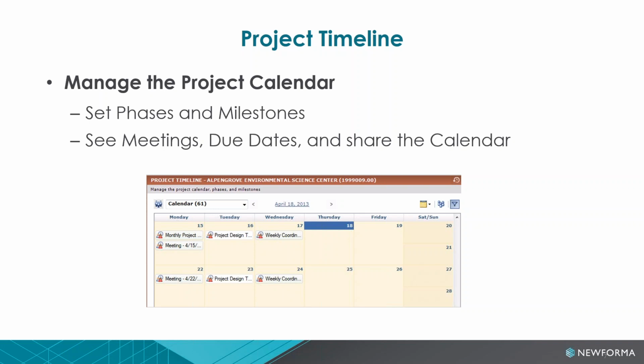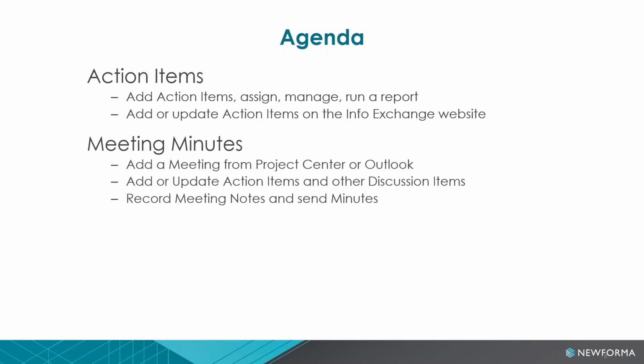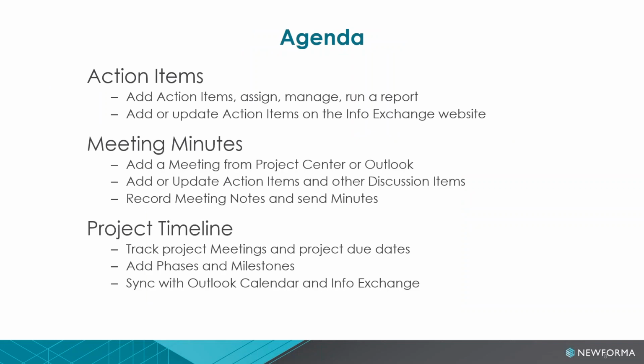So those phases, milestones, meetings, those types of things will synchronize with that calendar that we have with Outlook that we can kind of overlay. So we're going to break it down into the three sections: the action items, the meeting minutes, the project timeline, and we'll see kind of how that all interacts as we go along.